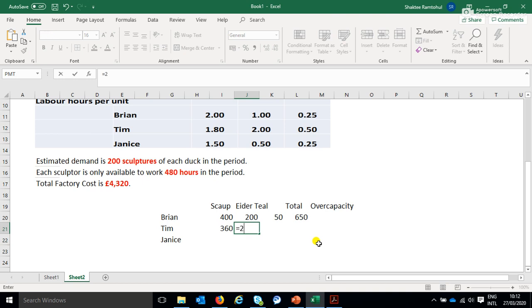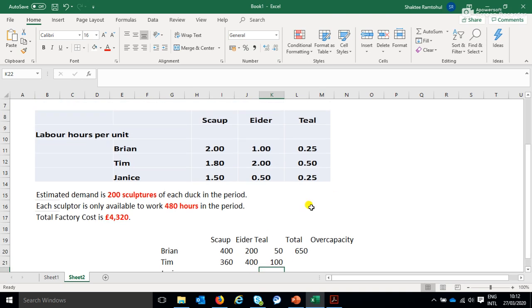And we're looking at Tim. So 200 multiplied by 2, that's 400. Finally, 200 multiplied by 0.50. What I'm doing is just calculating the total time that each laborer takes to manufacture each of these three products, scalp, eider, and teal.